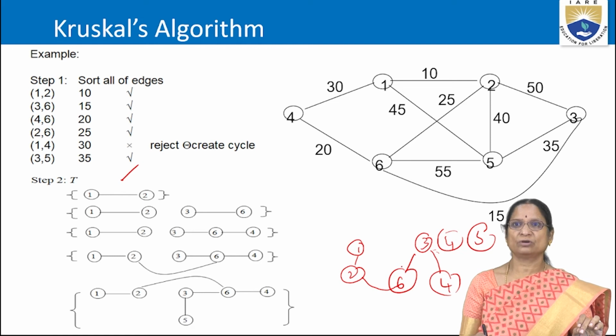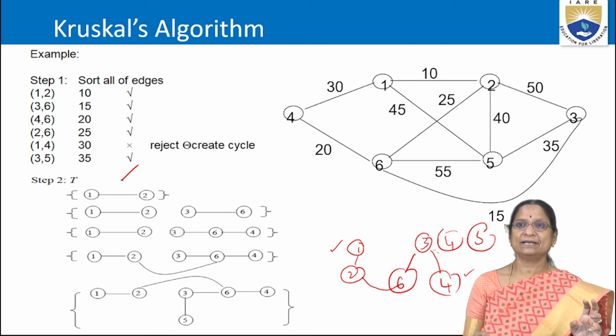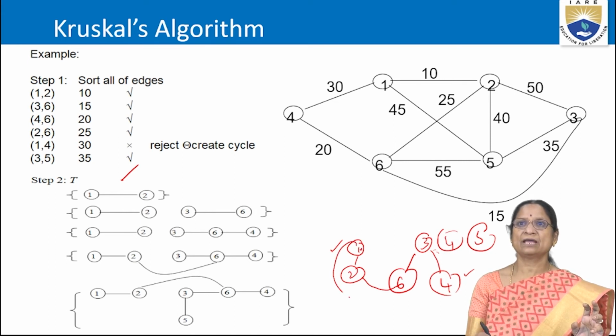After that, 1 4. 1 belongs to this set and 4 also belongs to the same set. So it is not a different set or a different tree, so it cannot be added, because when we are adding 1 4, as you observe diagrammatically, it forms a cycle. So 1 to 4 is added, then what happens? It forms a cycle: 1, 4, 3, 6, 2, 1.